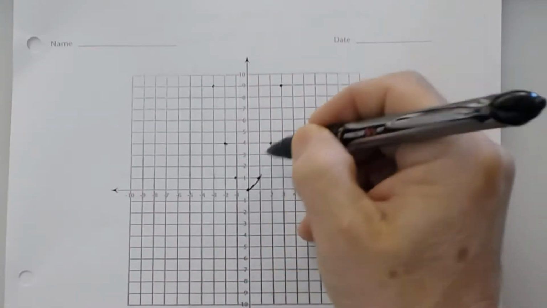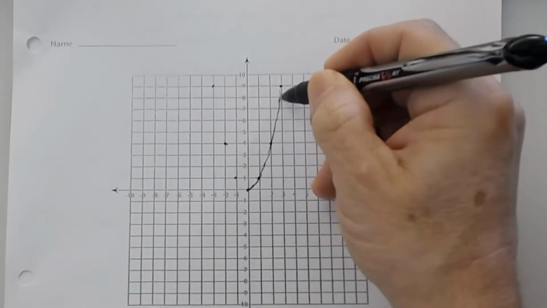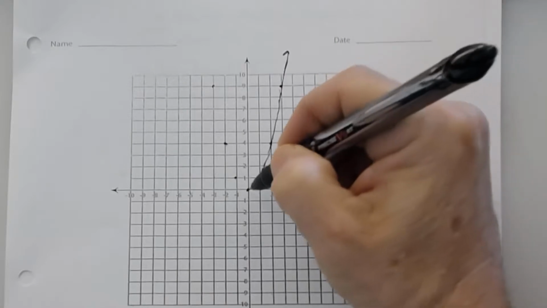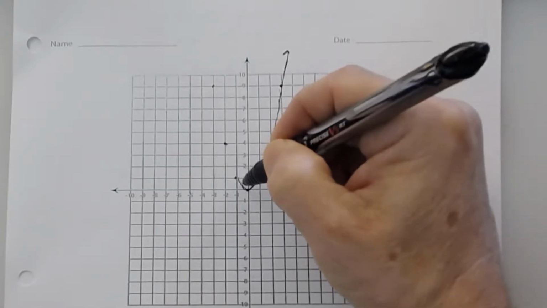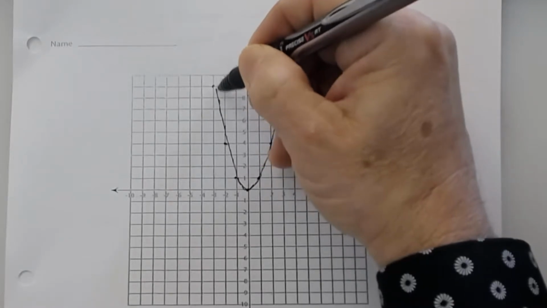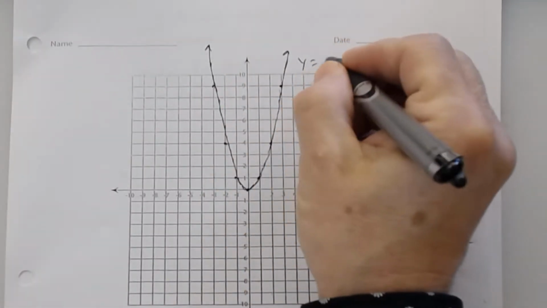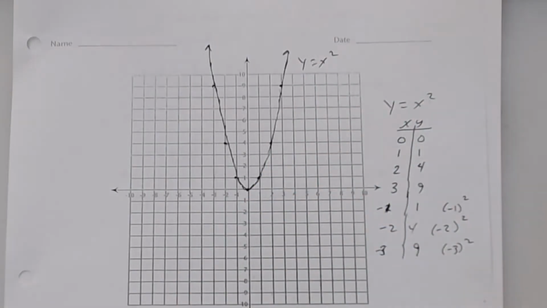Remember, it looks like a parabola. So all quadratic functions have the shape of a parabola, just like this. Do the best you can with drawing this. Okay. Now, remember, here's the question. y equal x squared, which is a function, right?